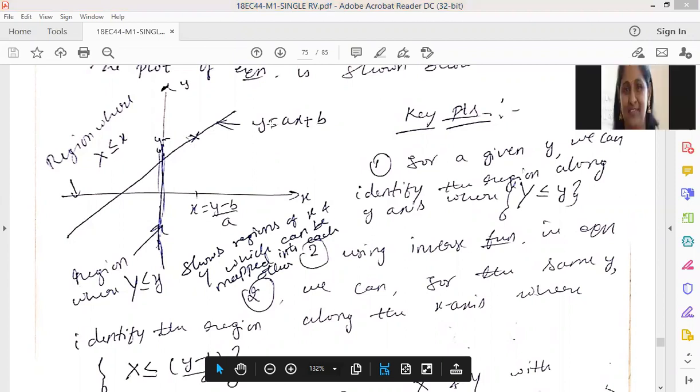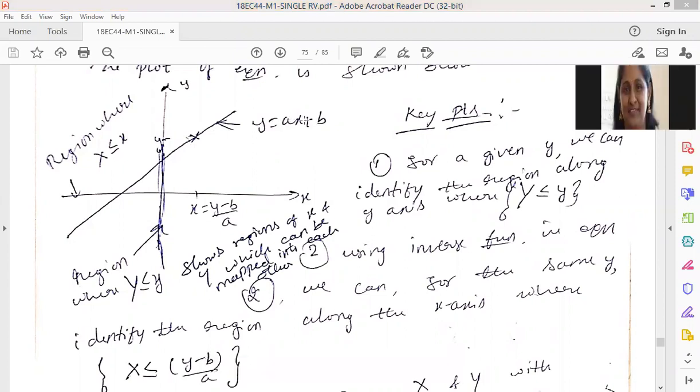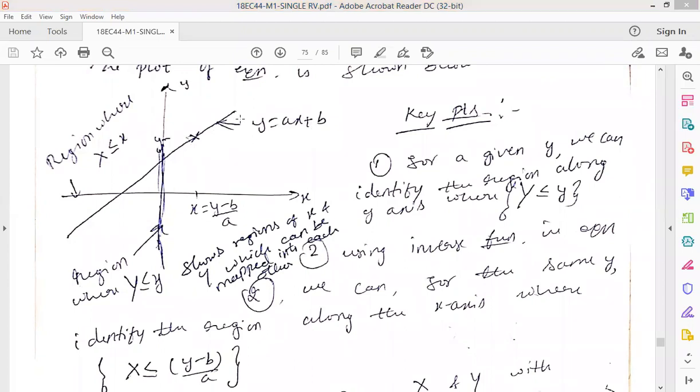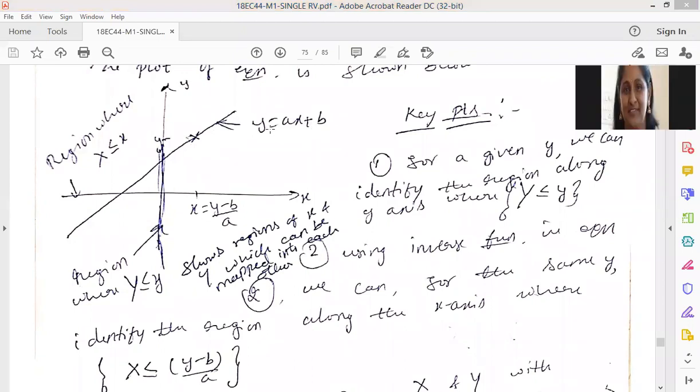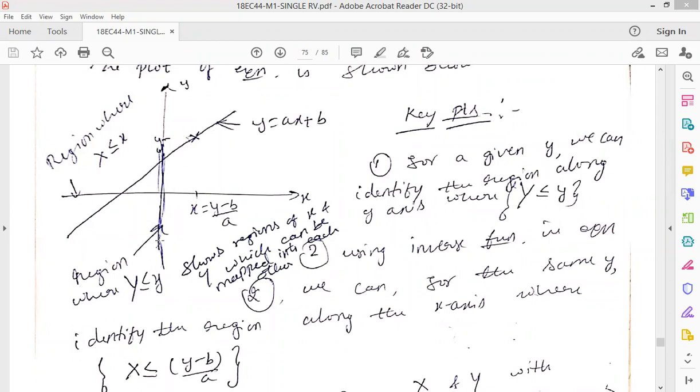Here we'll be assuming the function y is equal to ax plus b is known to us, and for the given transformation function, we'll be knowing the inverse process x is equal to (y minus b) divided by a. Assuming that, if you are given the value of the independent variable y, we will be able to identify the region along the y axis for Y less than or equal to y.